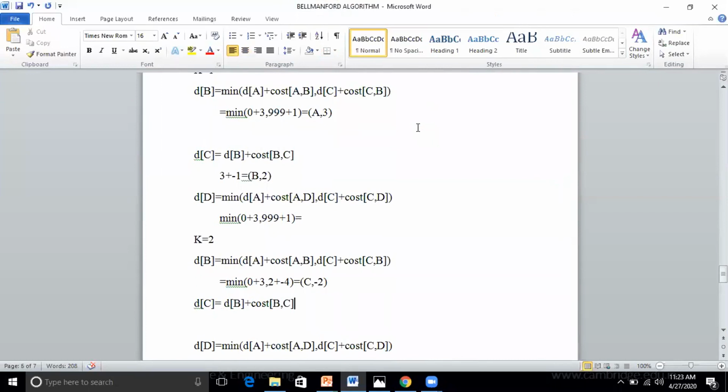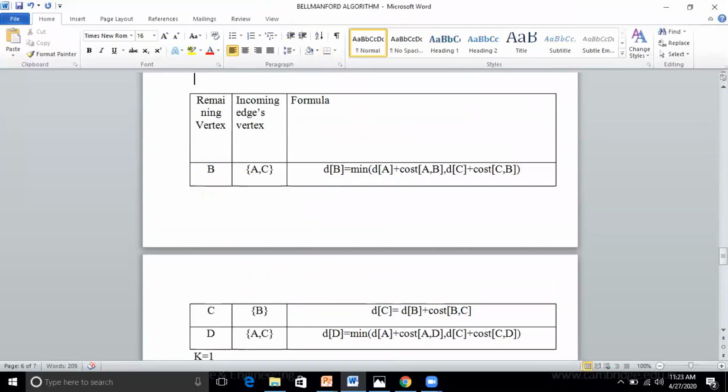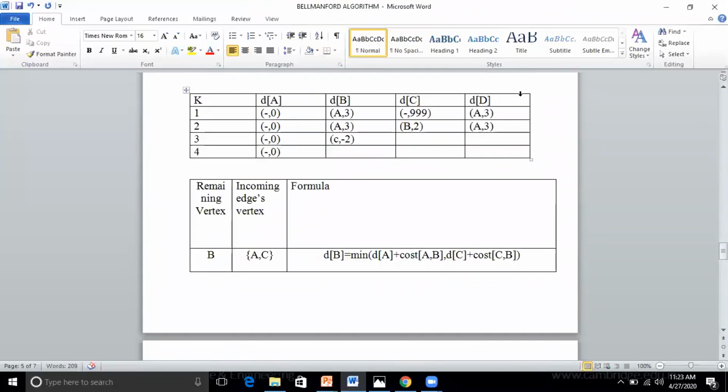So 2 plus what is the edge cost of B to C? Minus 1. 2 minus 1, what do you get? 1. B comma 1.